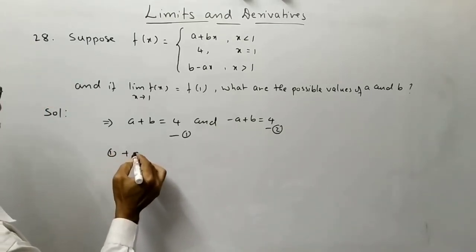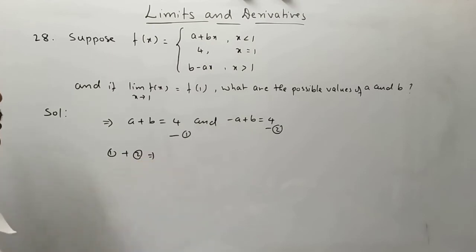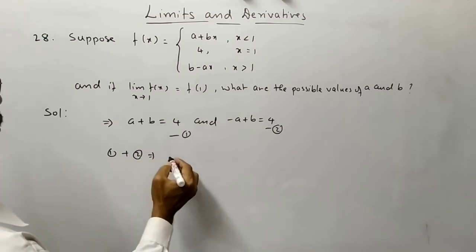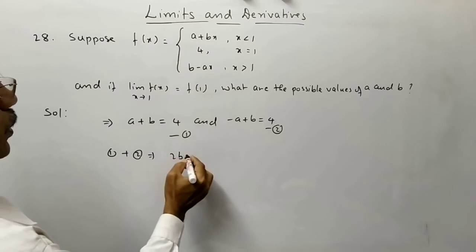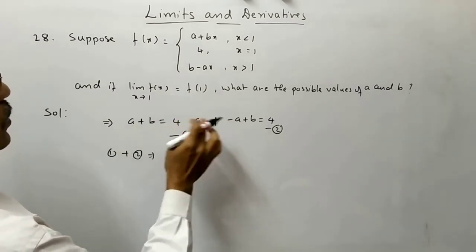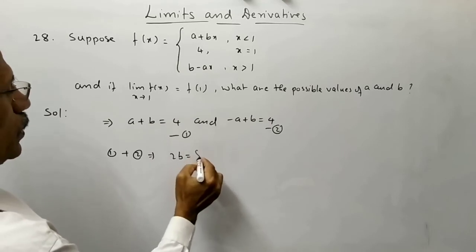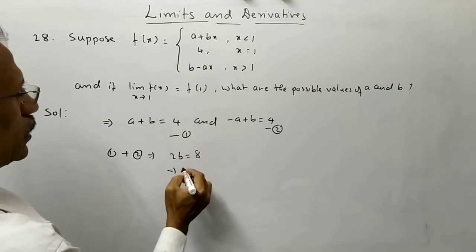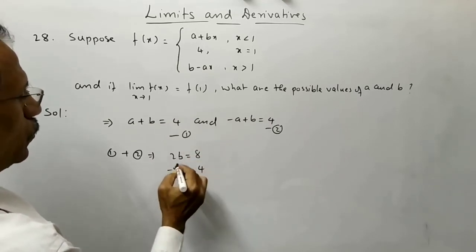1 plus 2 implies 2b is equal to 8, as a will get cancelled. So 2b is equal to 8 implies b is equal to 4.